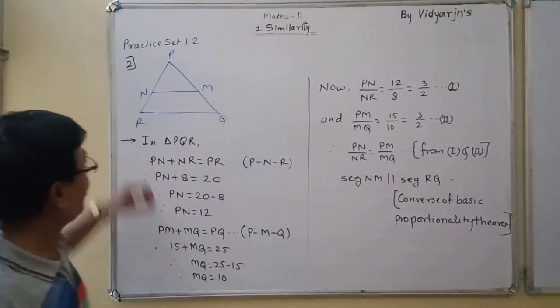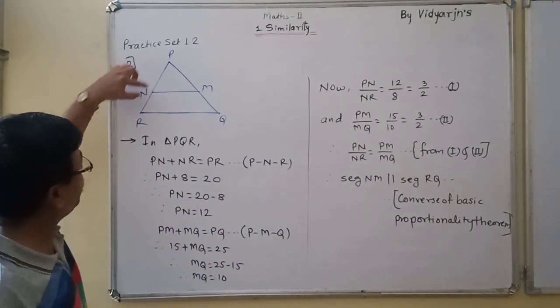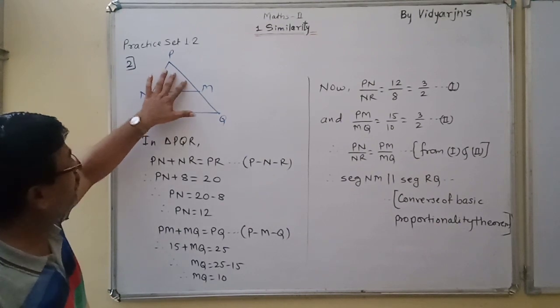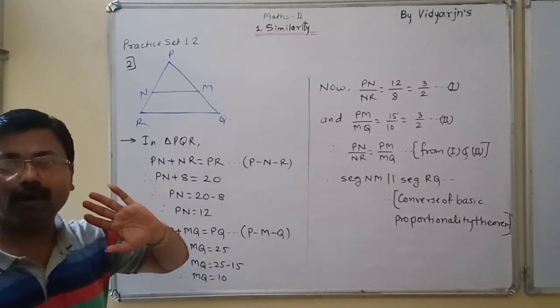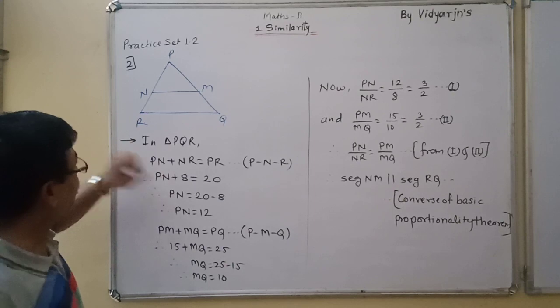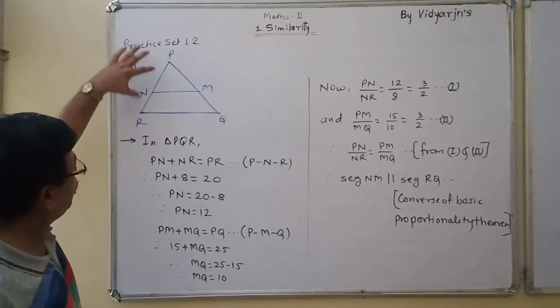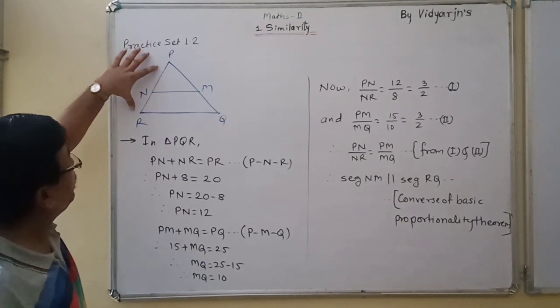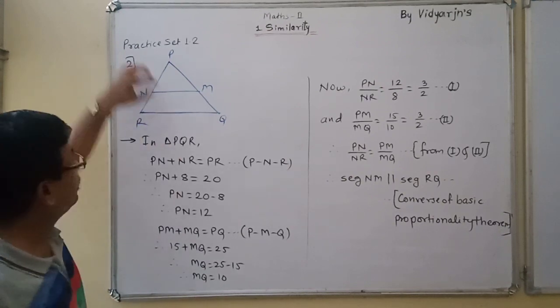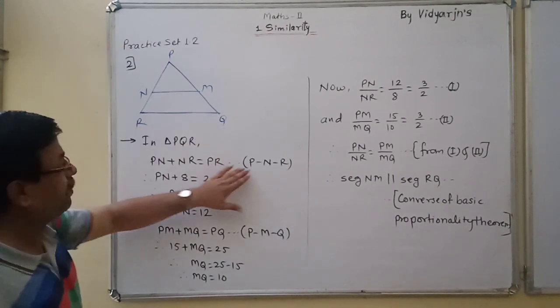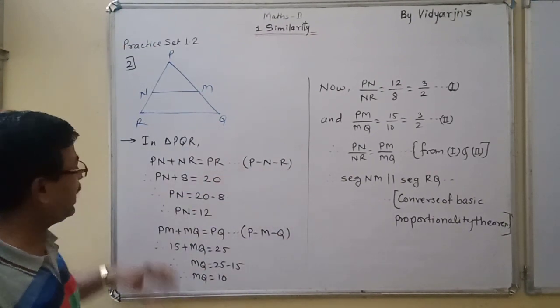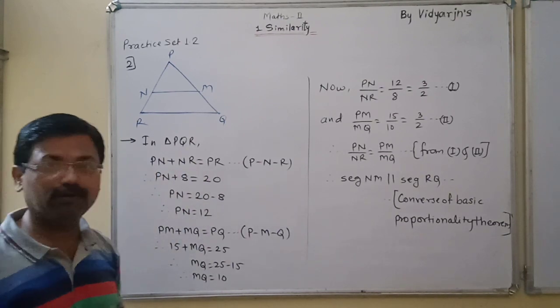For that, we use the converse of the basic proportionality theorem. We have to show that the ratio PN upon NR is equal to PM upon MQ. First of all, we are given the values of NR and PR. Therefore, we calculate the value of PN first by betweenness, P-N-R: PN plus NR is equal to PR.